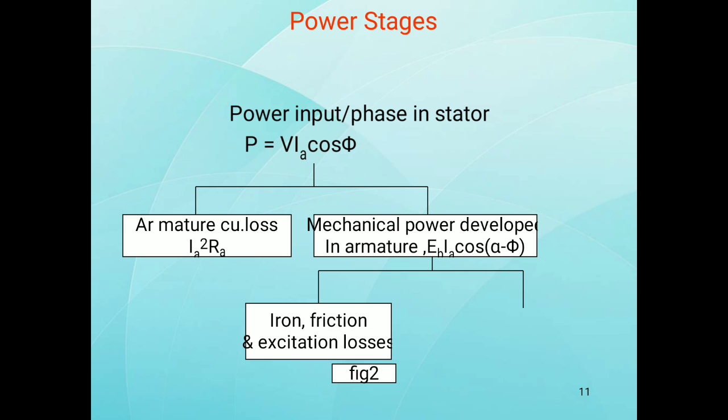One is for losses, another one is for mechanical power. These losses are iron, friction and excitation losses. And next comes the output power, that is P out.